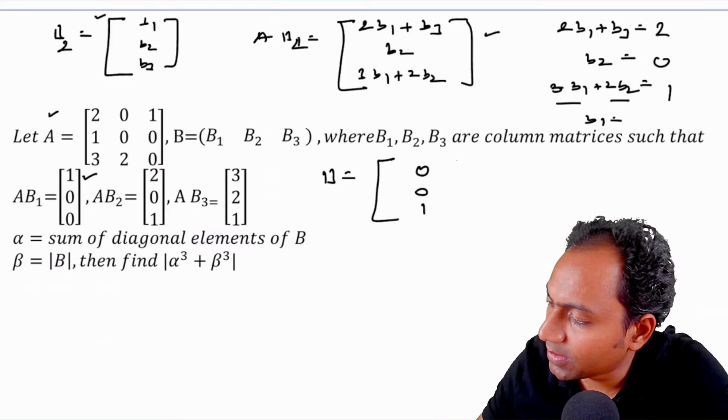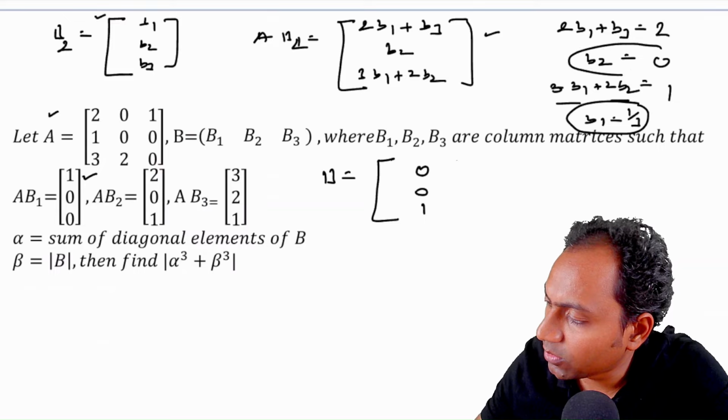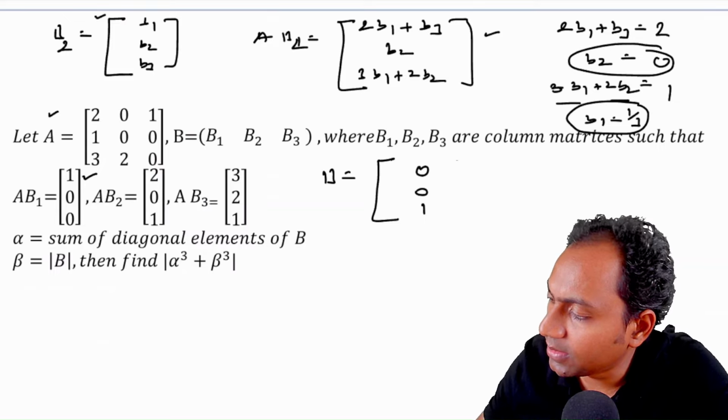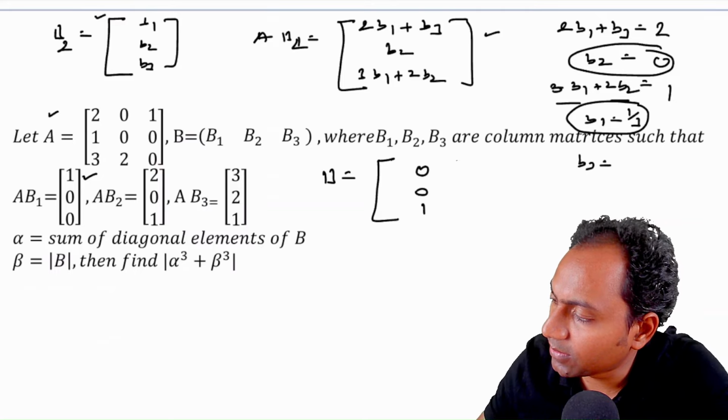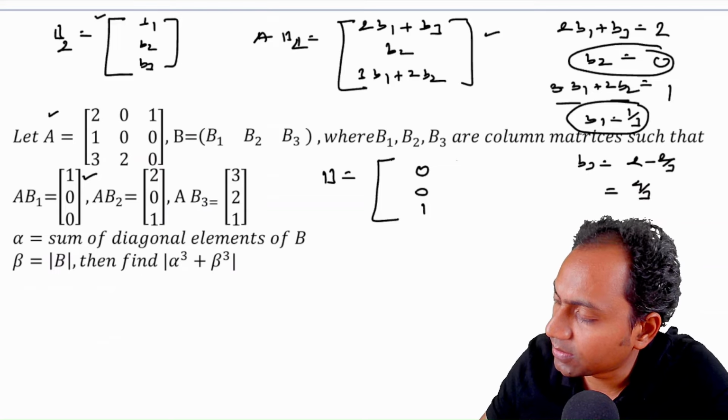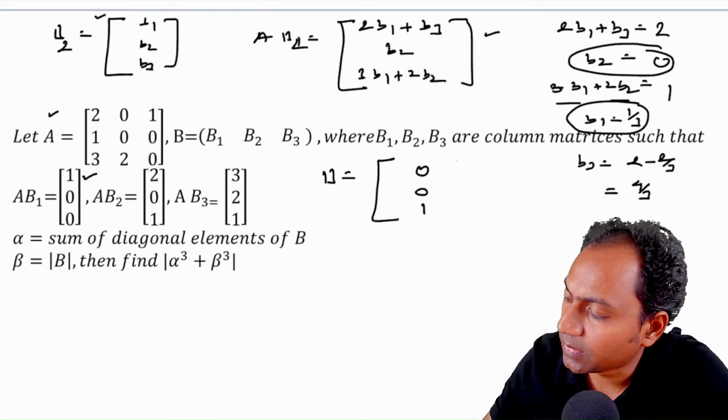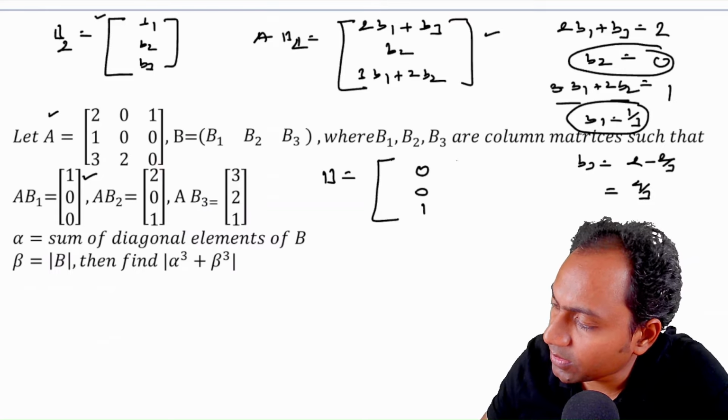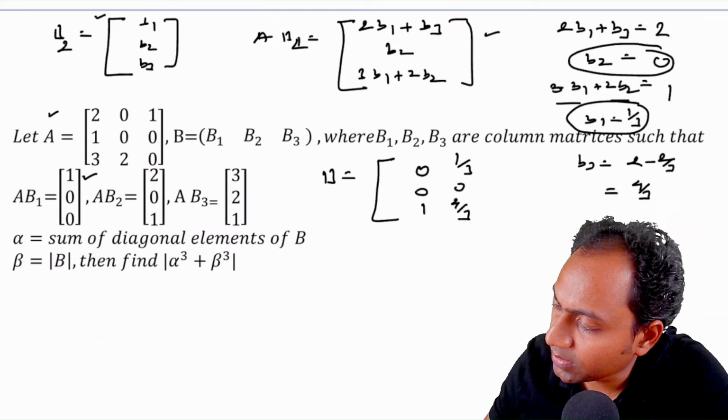But b1, because of this value, came out to be 1 by 3. b2 came out to be 0. And if I put this value here, b3 would be nothing but 2 minus 2 by 3. That comes out to be 4 by 3. So this comes out to be nothing but 1 by 3, 0 and 4 by 3.